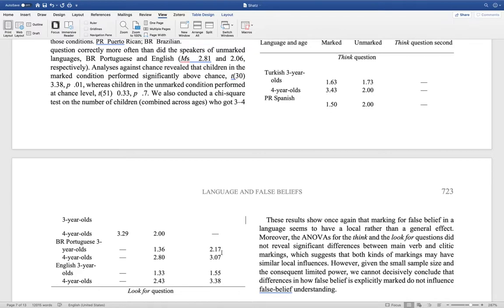And we find this across particularly the marked and unmarked conditions of both Turkish and Puerto Rican Spanish. And so this one is evidence, not that the language creates the thought structures, but that the language holds the intelligence inside of them.